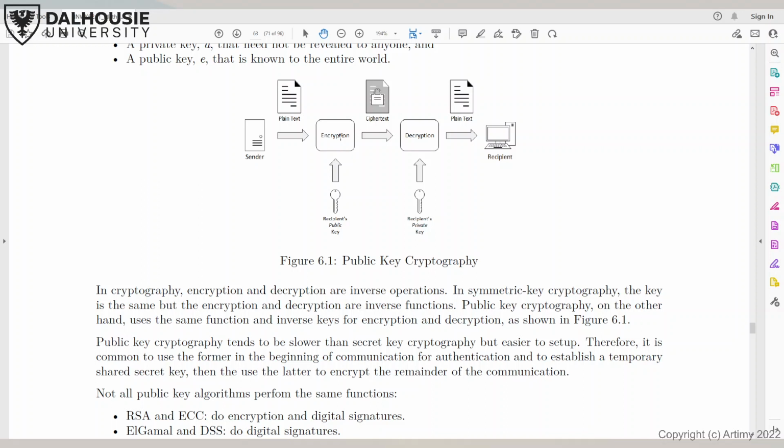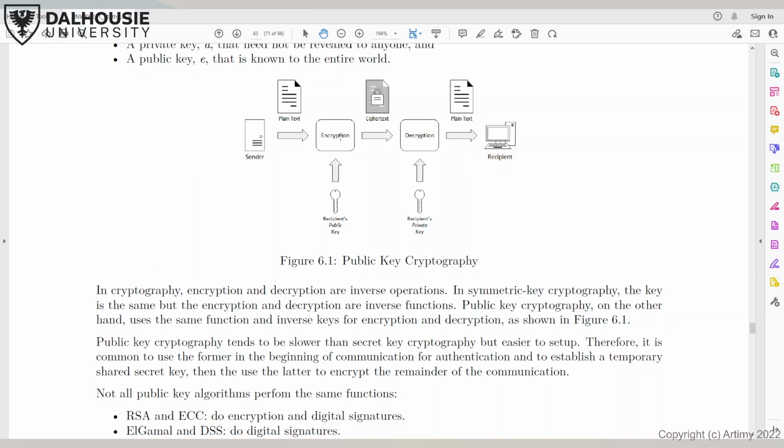Public key cryptography is relatively new, and based on advances in mathematics. We know more about prime numbers, about how to generate random numbers, how to do modular arithmetic. So it's a relatively recent invention. But the problem with this type of cryptography is that it is much slower than traditional secret key cryptography.